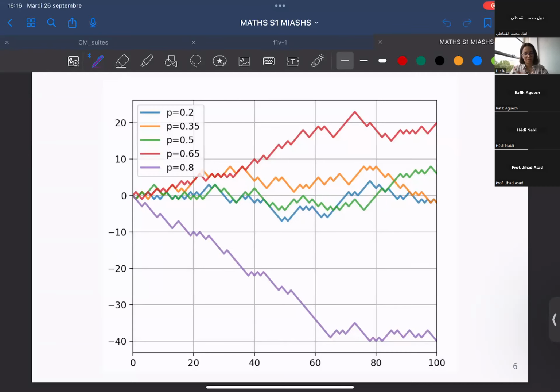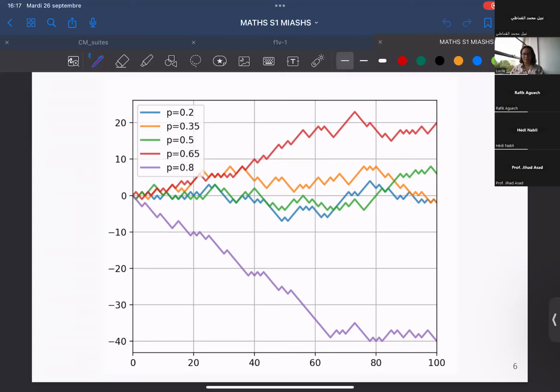That's because when, say, you have performed more steps to the right than to the left, then since the probability of choosing either step is uniform, you have a bigger probability of choosing a step to the right, since there are more steps to the right than to the left. But since the parameter P is small, you have a bigger probability of doing the opposite of what you remember, that is, of doing the opposite of a step to the right. So the elephant compensates a lot of what it did.